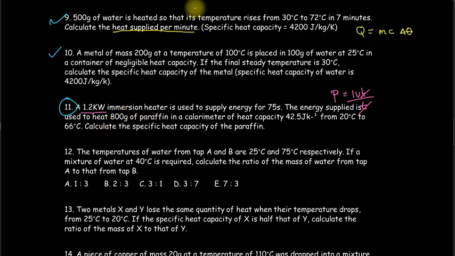So a 1.2 kilowatt immersion heater is used to supply heat energy for 75 seconds. The energy supply is used to heat 800 gram of paraffin in a calorimeter of heat capacity 42.5 joule per Kelvin from 20 to 66. Calculate the specific heat capacity of paraffin.